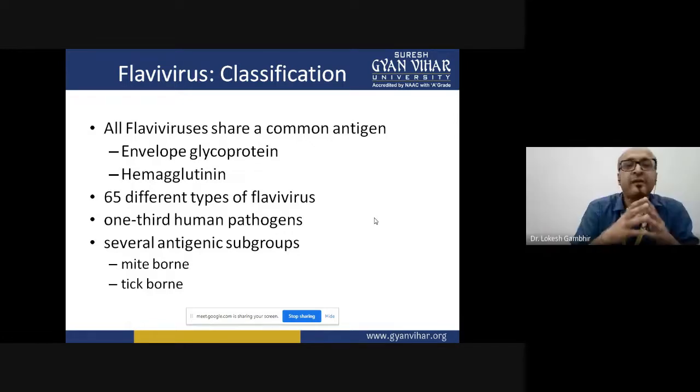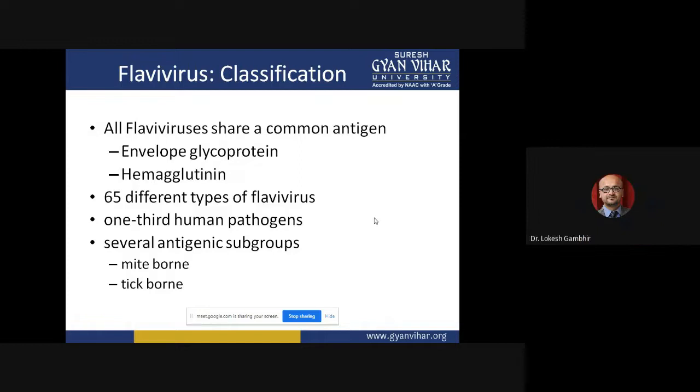The main point I want to tell you is that among the 65 different viruses in a single family, one third of the members are pathogenic to humans. Almost above 20 viruses in this family are pathogenic to humans, like dengue virus and West Nile virus.